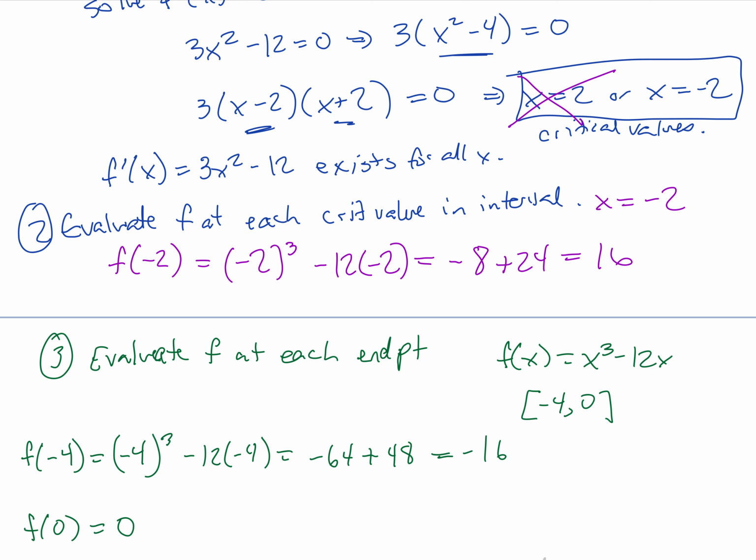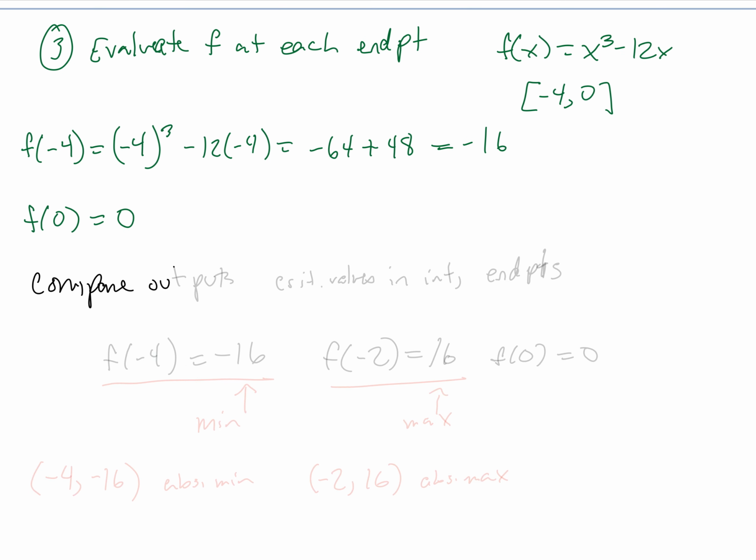And so now we have each of these values and we need to compare them. So now we're going to compare the outputs for the critical values in the interval and the endpoints. And we see that we've got f of negative 4 was negative 16, f of negative 2, that was the only critical number in the interval, was a positive 16, and f of 0, that was another endpoint, was 0.